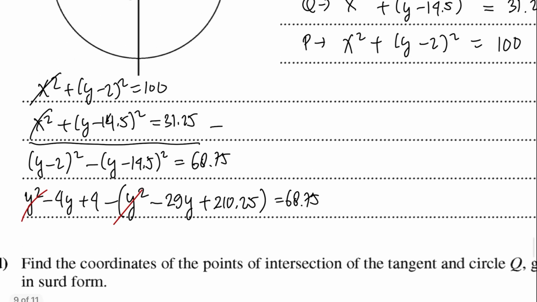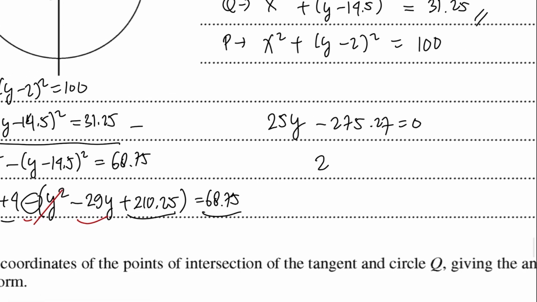So we only have minus 4y minus 29y. You will get 25y. And we have 4 minus this minus this. So let me use the calculator. 4 minus 210.25 minus 68.75. You will get minus 275.25 equals 0. So we have 25y equals 275.25.